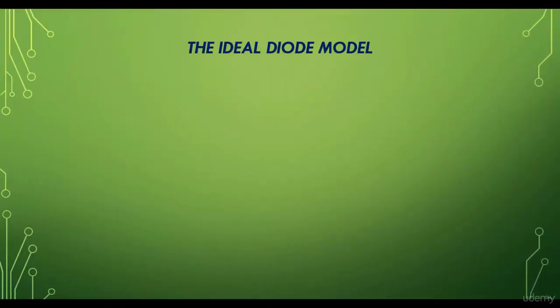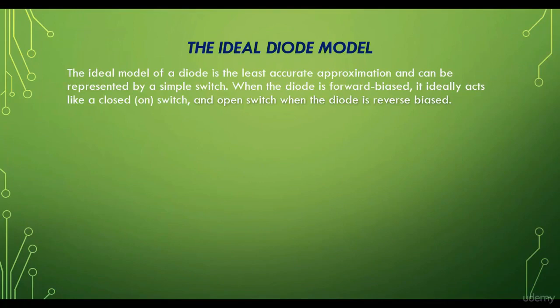The ideal diode model. The ideal model of a diode is the least accurate approximation and can be represented by a simple switch. When the diode is forward biased, it ideally acts like a closed switch, and like an open switch when the diode is reverse biased.